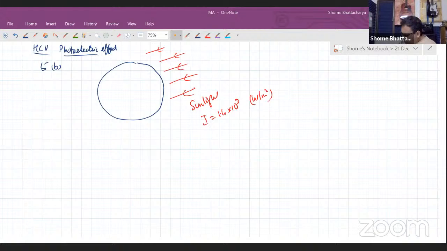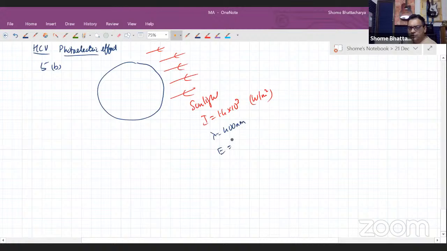Right. Now it is also given that the average wavelength, assume that the light is monochromatic, which is obviously not true, but in this question we are assuming that. So the wavelength of light is given to us as 400 nanometers.